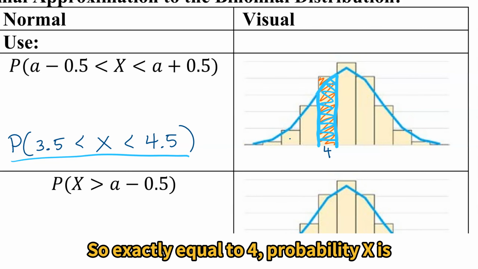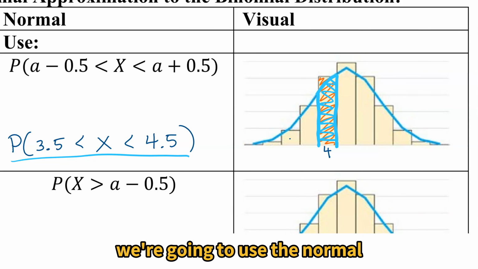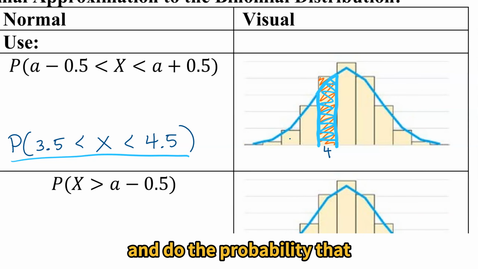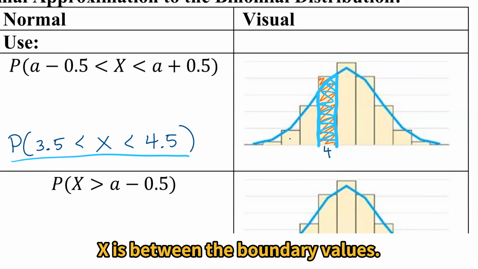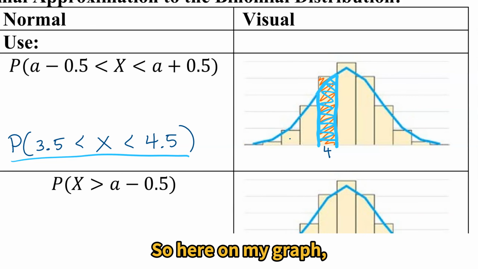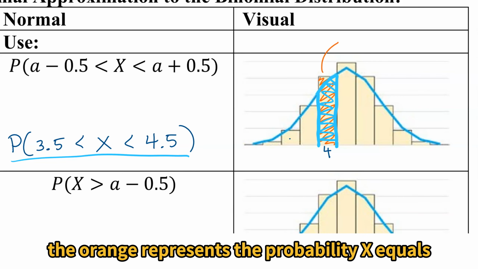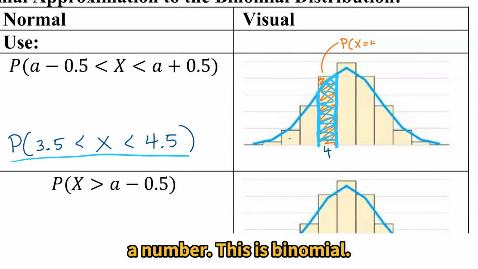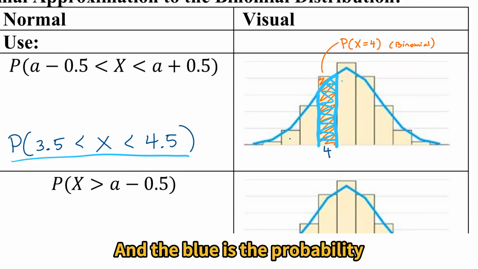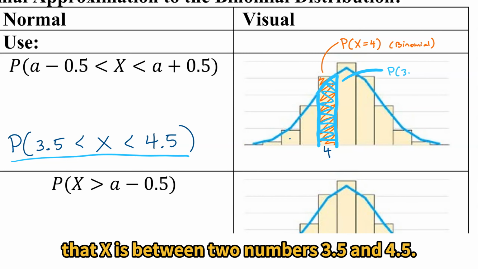So exactly equal to 4, probability x is equal to a number. We're going to use the normal and do the probability that x is between the boundary values. So here in my graph, the orange represents the probability x equals a number, and this is binomial, and the blue is the probability that x is between two numbers, 3.5 and 4.5.